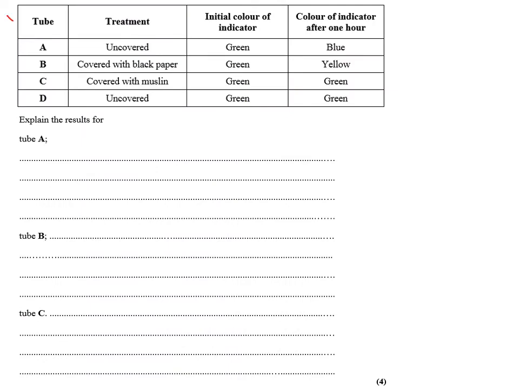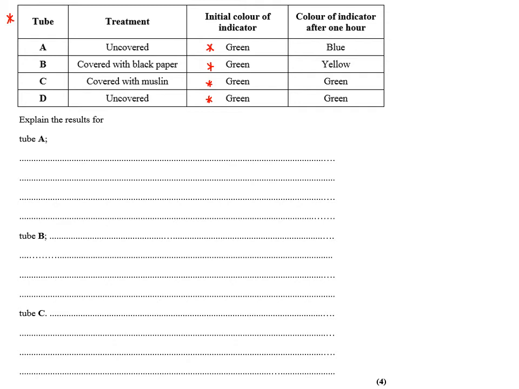Now we were also given a table of data along with the apparatus in the diagram. When we get a table of data such as this, we're going to jot down some key points next to the keywords. The initial colour of the indicator in each of the tubes A, B, C and D was green. So it starts out at the same colour, which indicates the same pH.